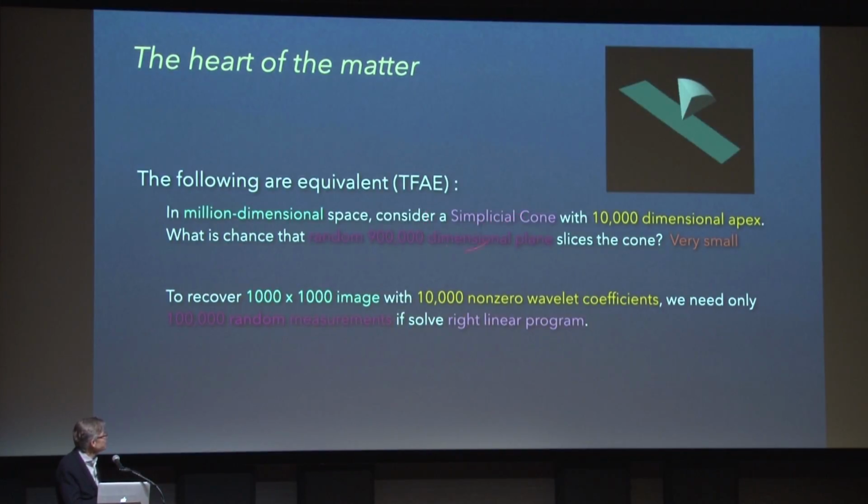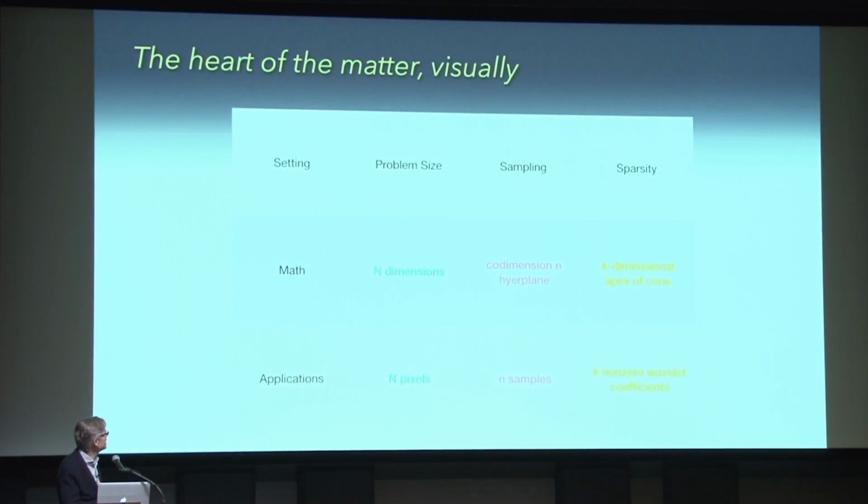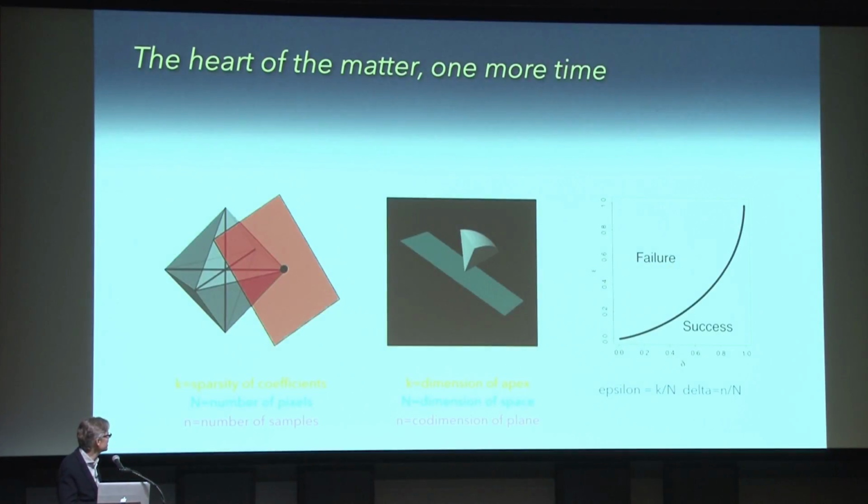Once you understand this problem really well, you translate it, taking the math and seeing what it means in applications by translating each piece of math into the applications. The reason that the cone and the hyperplane and so on come in connection with mathematical imaging is that somewhere we're using this L1 minimization, and there's a question about the contact between the L1 ball and a certain hyperplane.